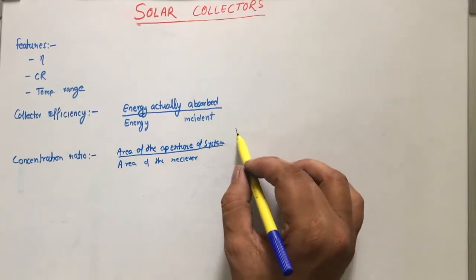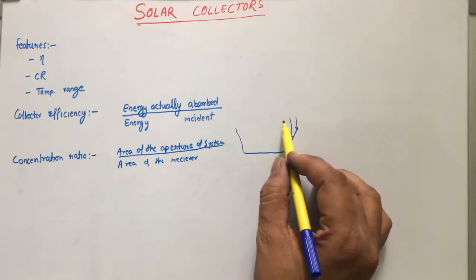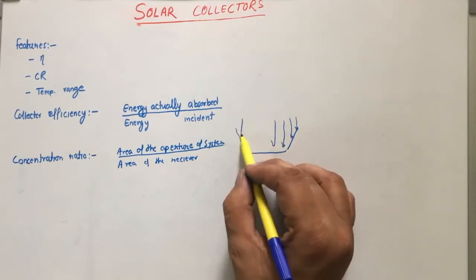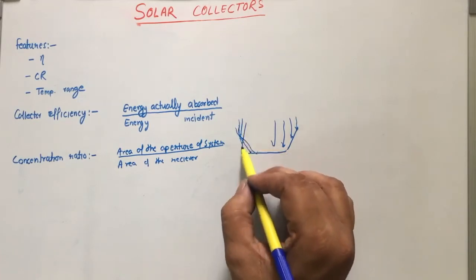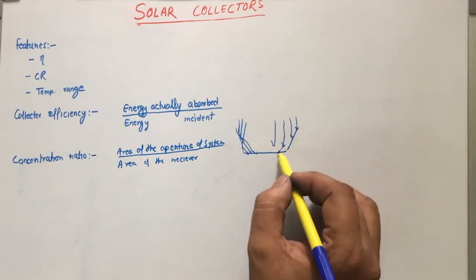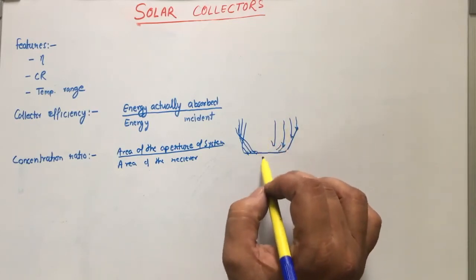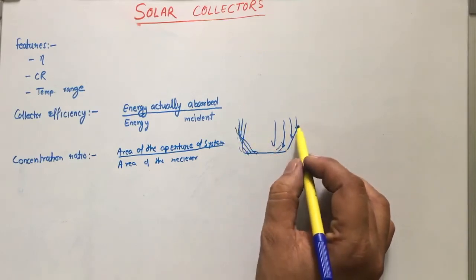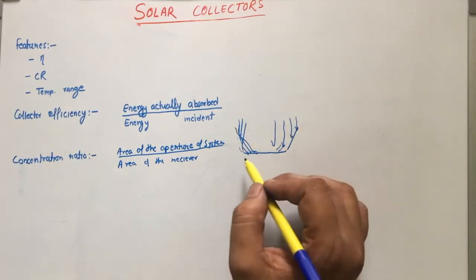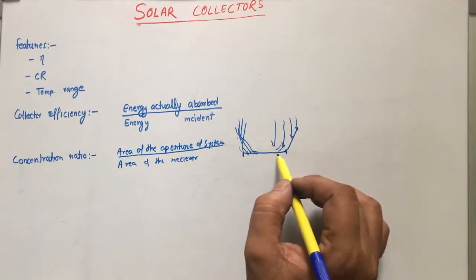For example, beam radiations are coming like that. After reflection, they pass through this, and direct beam radiations are coming. So this total area is the aperture, and this is our collector surface, the receiver surface. So this is the area of the receiver.